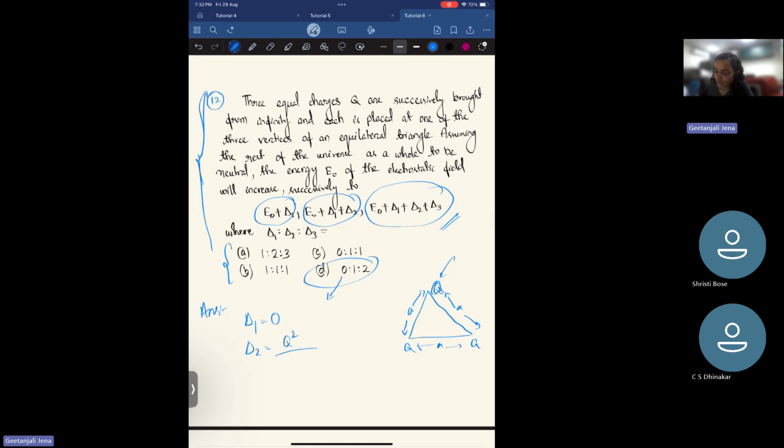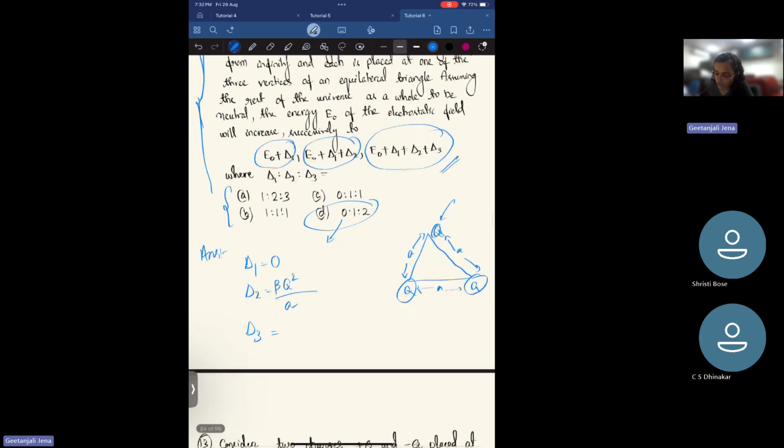So this will be q square beta by a. And for delta 3, it will be work against both the charges, so this will give 2 beta q square by a. So delta 1, delta 2, delta 3 will be 0, 1, 2. Option D.